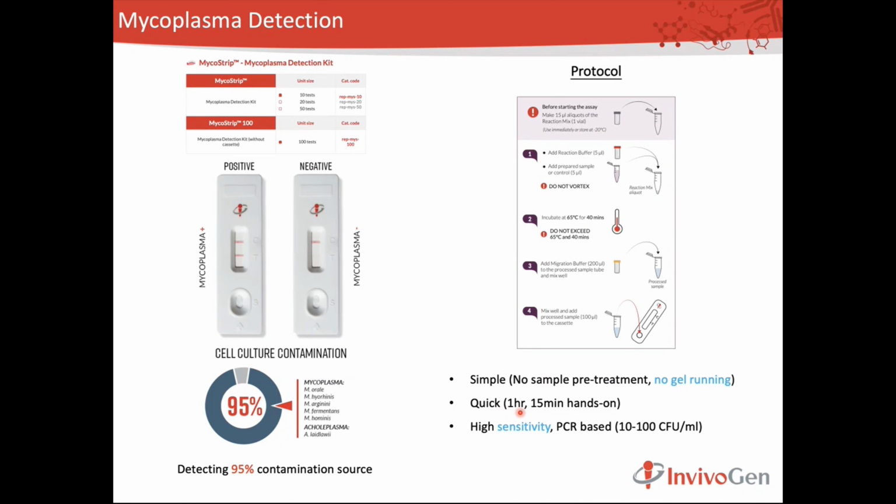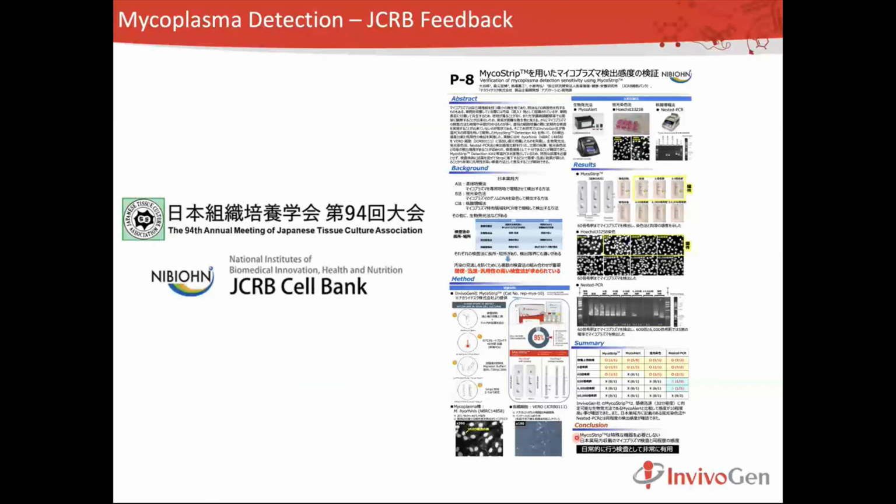And it's quick, 1 hour and 15 minutes hands-on. Most of the time, you're waiting for this 40 minutes, while the before and after are super simple. It's simple, but as mentioned before, it keeps the sensitivity because it's PCR based. So this is the new method that we came up with.